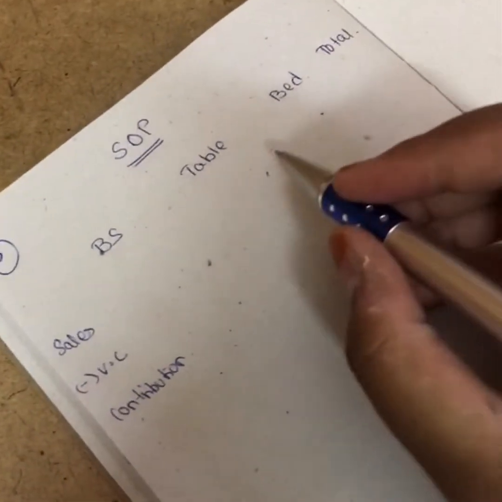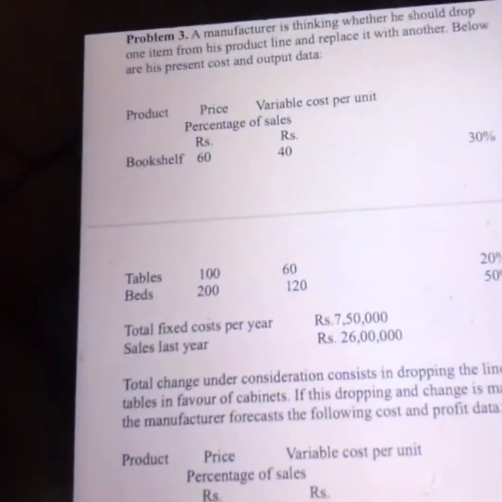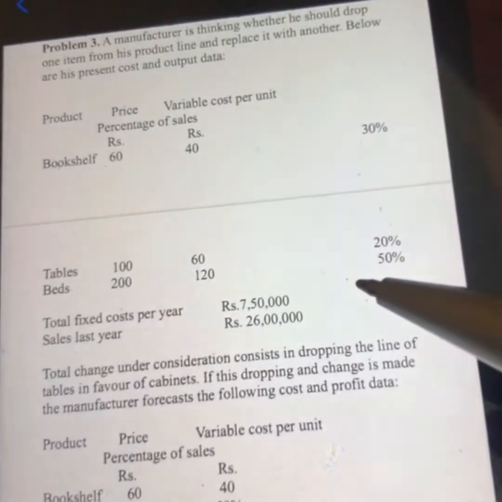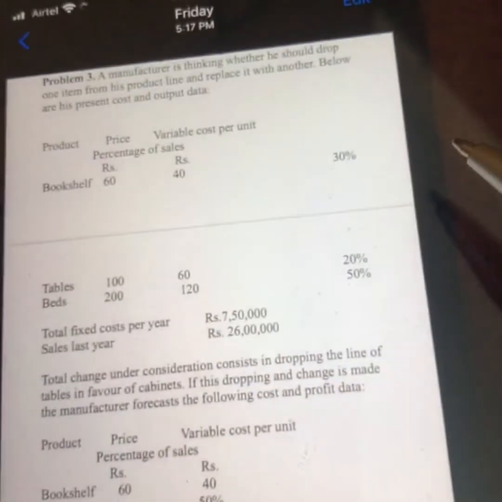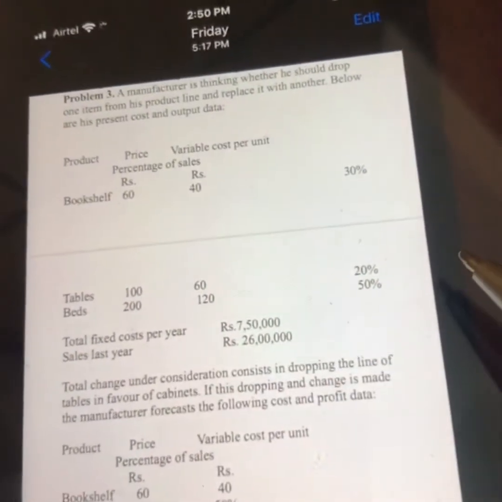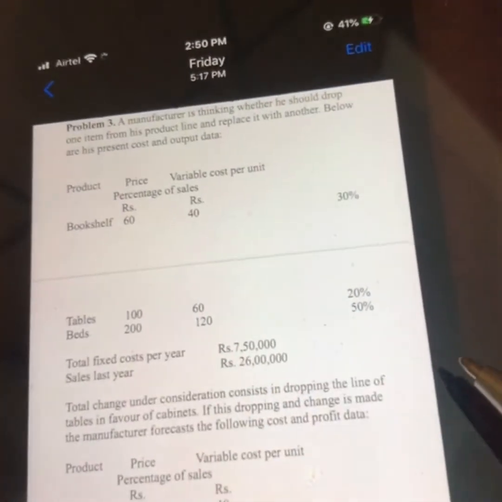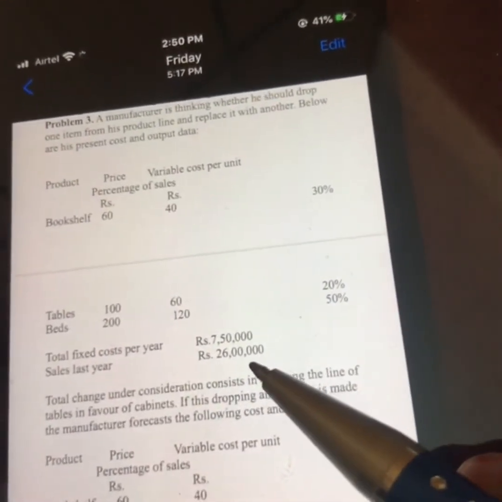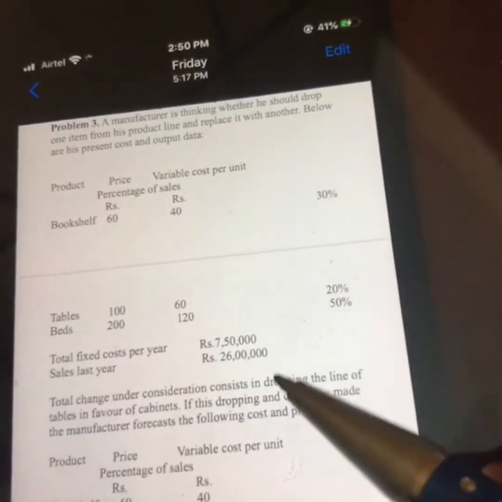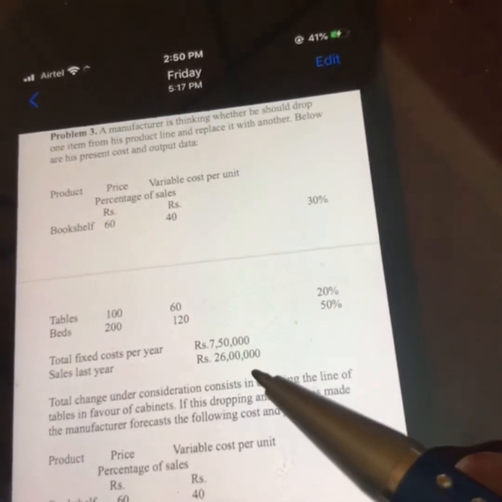Sales also they have given. Sales for the last year is how much? 26 lakhs. But for bookshelf it is only 30%, for tables it is 20%, and for beds it is 50%. So what we have to do is 26 lakhs into 30%, 26 lakhs into 20%, and 26 lakhs into 50%, which is nothing but your sales.